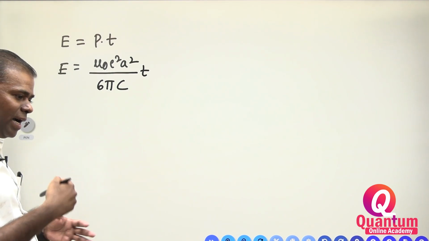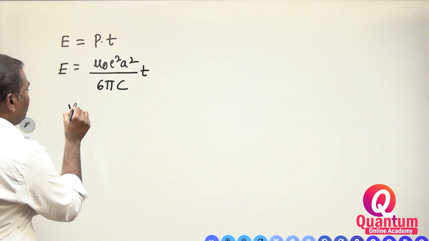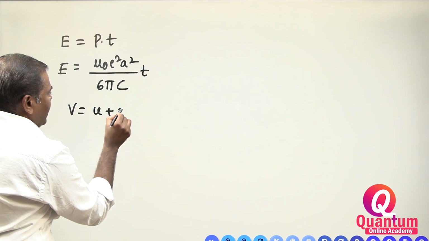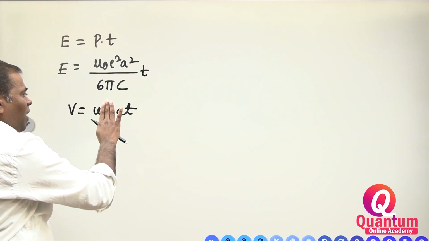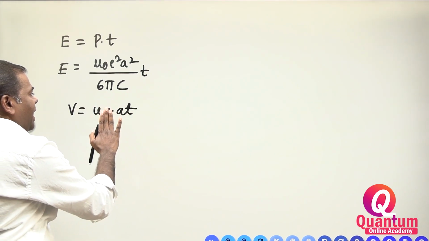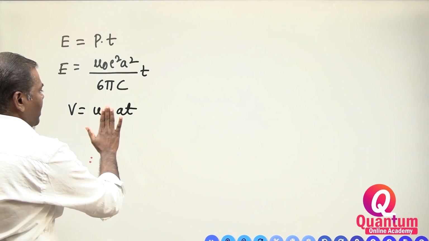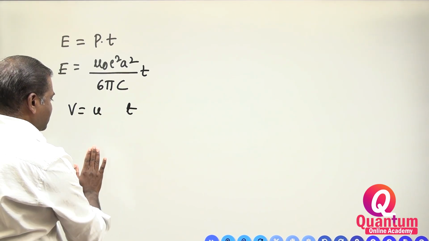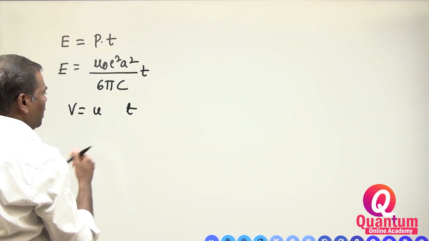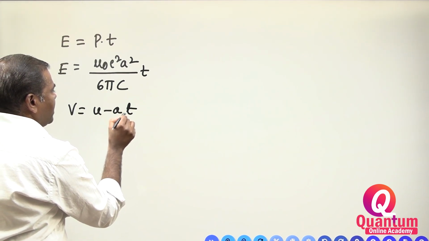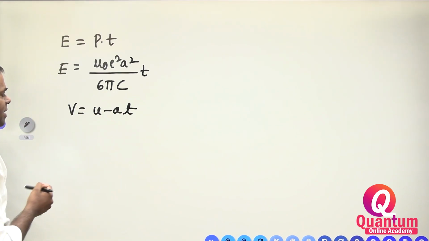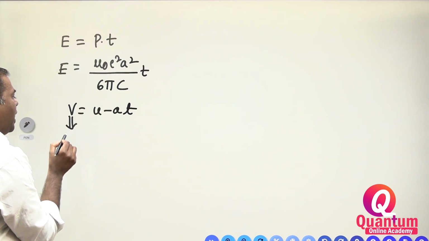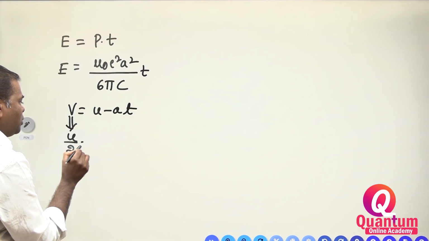By using the kinematics equation, v is equal to u plus at, but our acceleration is decelerating, so we take minus a. Minus at. This is the decelerating acceleration. But our v will become u by 2.